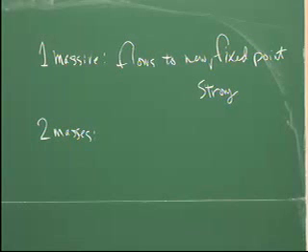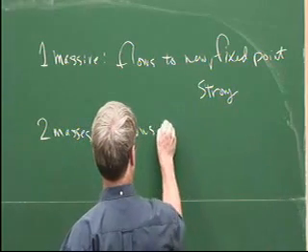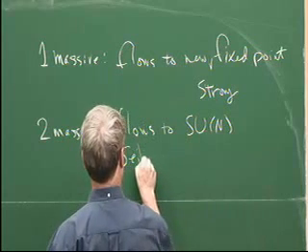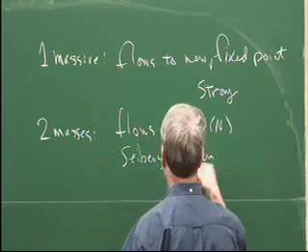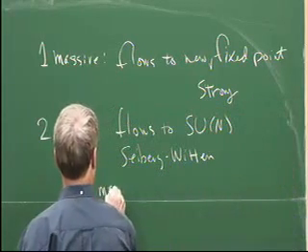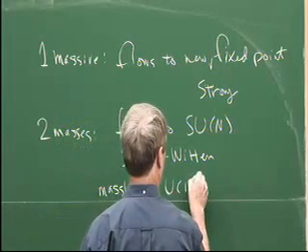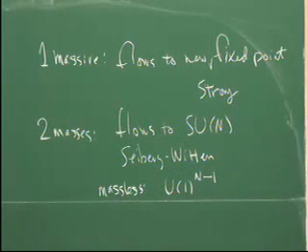It's believed to flow to an SU(N) version of Seiberg-Witten, which in particular means that the massless sector is a U(1) subgroup of the original non-abelian symmetry, which means in particular it's non-interacting.